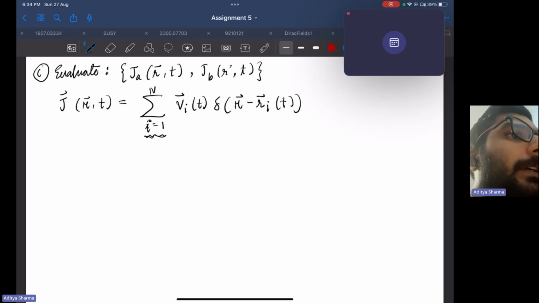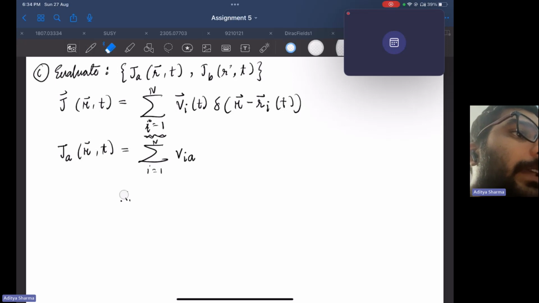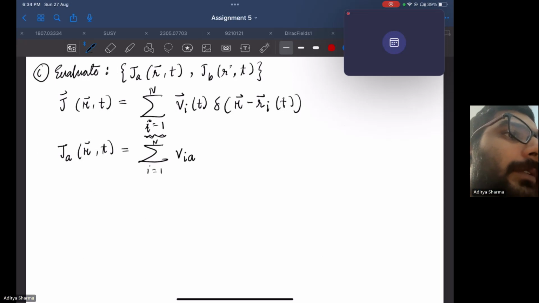Now we want to look at all the N particles, but only one component of their velocities. So if we want to look at a component of this current, this sum over I from 1 to N is going to be there. But for the velocity, I have to look at the Ath component. Say it's the x component of velocity, in the x direction. Suppose A is the x direction. So velocity of all the ith particles in the x direction.